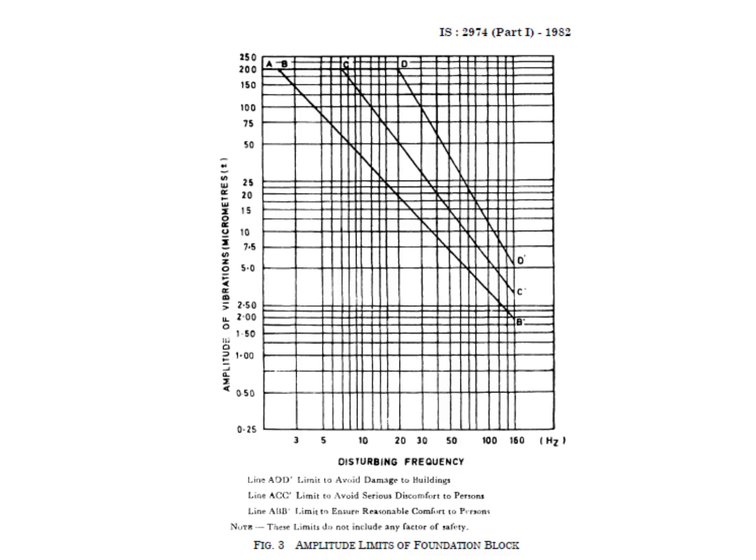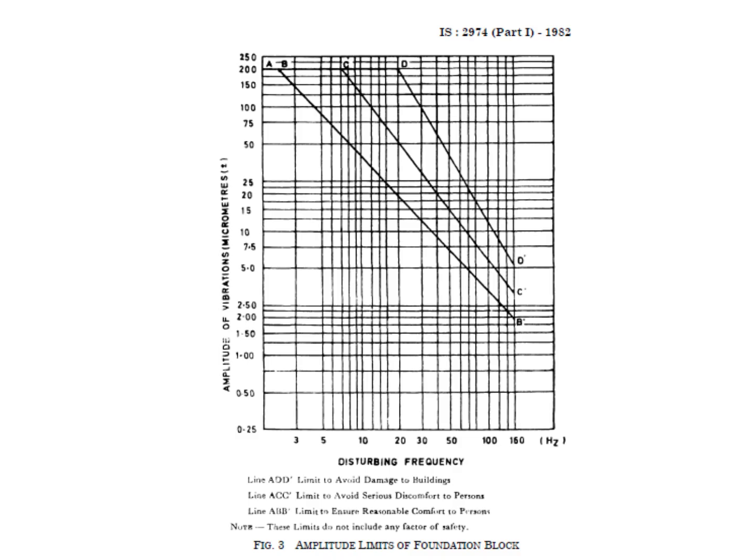The limits for ensuring reasonable comfort to the persons are also equally important, because continuous exposure to vibrations may affect the health of the person, and the person may be prone to diseases such as heart trouble.